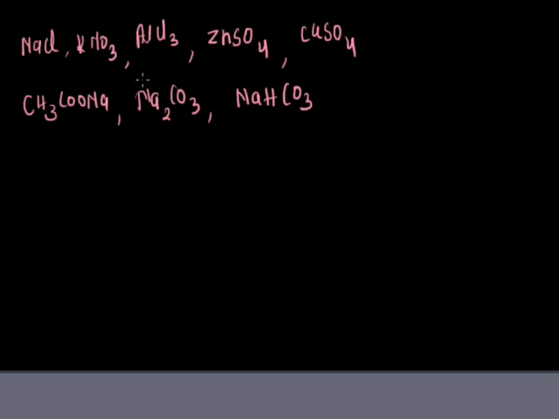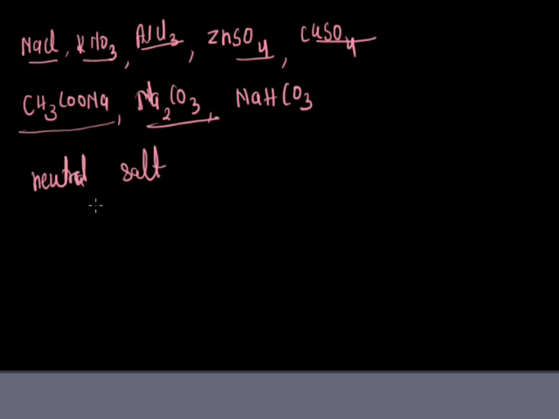If we classify all of the salts on the basis of their formula, we can say that these salts which are underlined are called neutral salts. Neutral salts are those salts which have neither H plus nor OH minus.